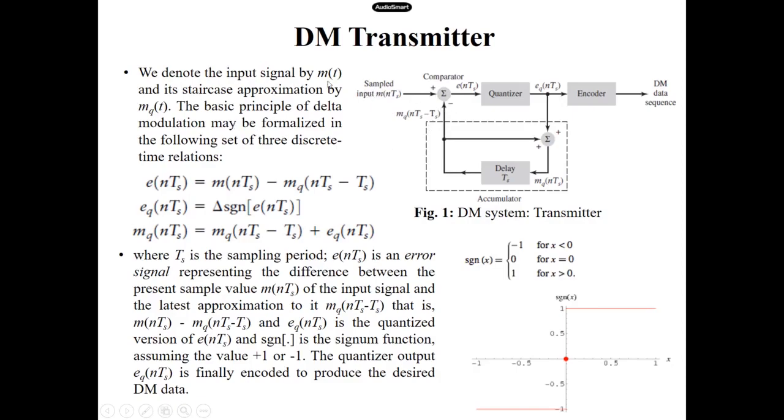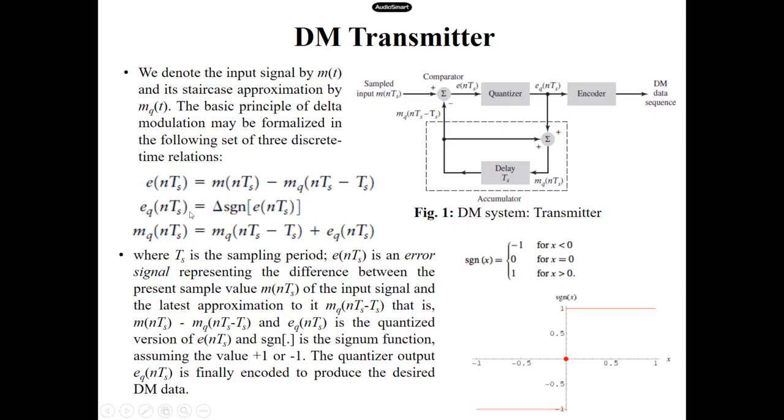We denote the input signal by m(t) and its staircase approximation by mq(t). The basic principle of delta modulation may be formalized in the following set of three discrete-time relations. e(nTs), which is your error signal, or the input to your quantizer, is the difference of m(nTs) with a delayed version of the output of your quantizer.